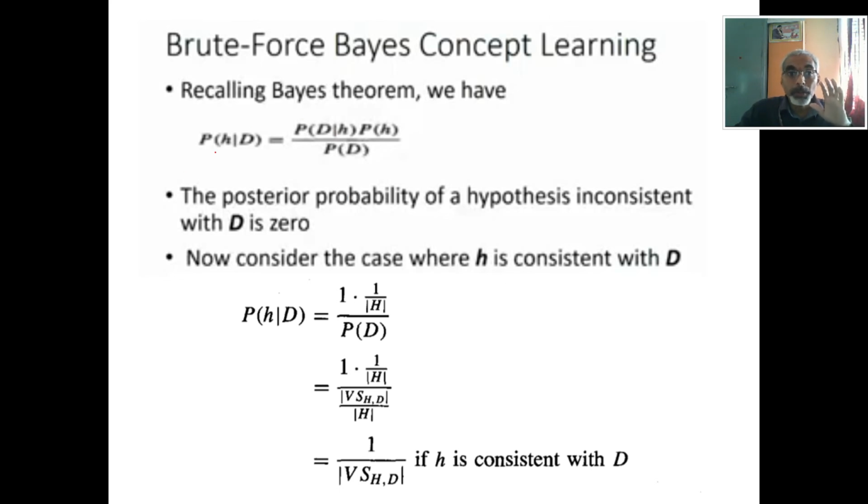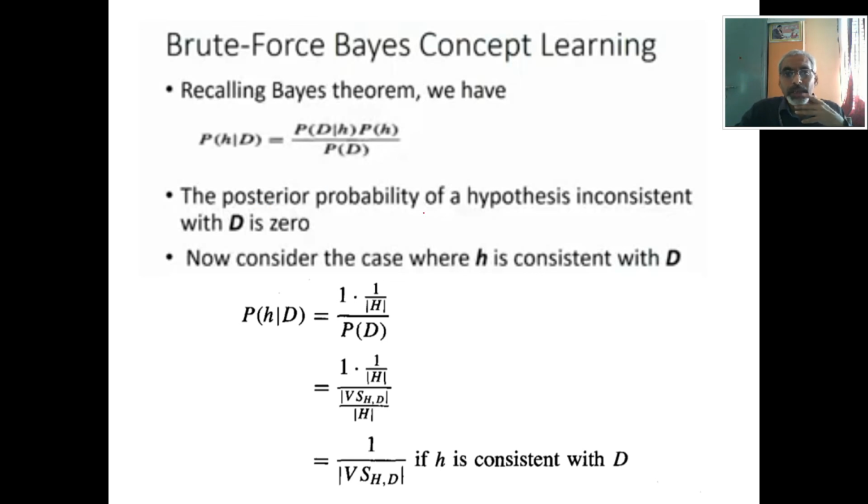So probability of H given D is equal to, if you apply Bayes theorem for this LHS, you can see here it is reversed: probability of D given H multiplied with probability of H, divided by probability of D, right? This is from our Bayes theorem.